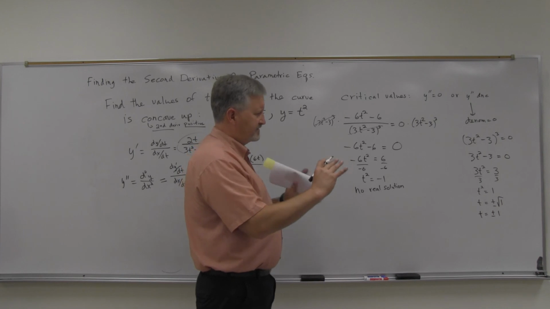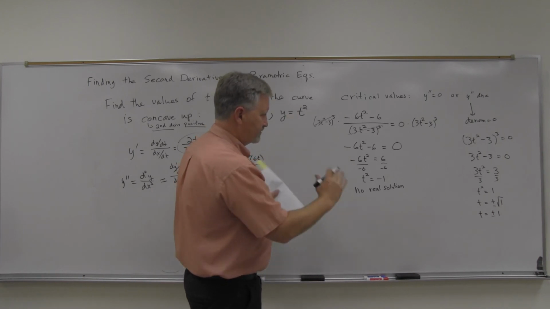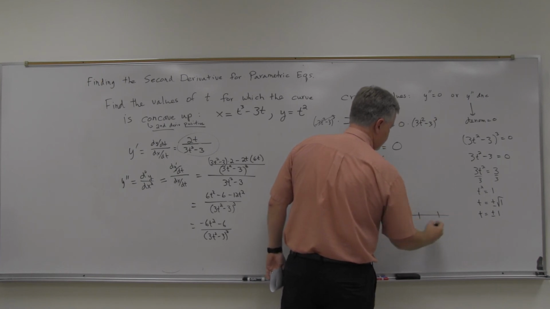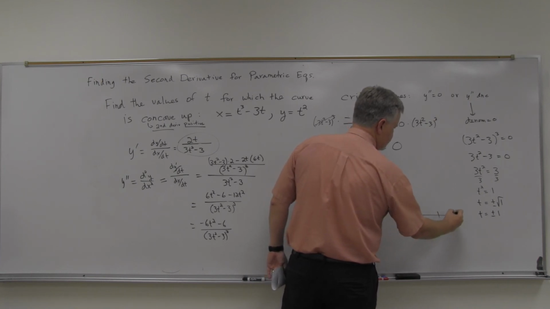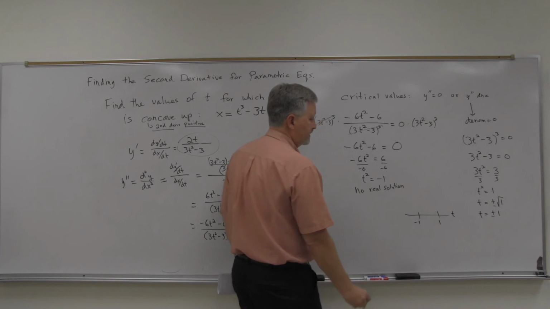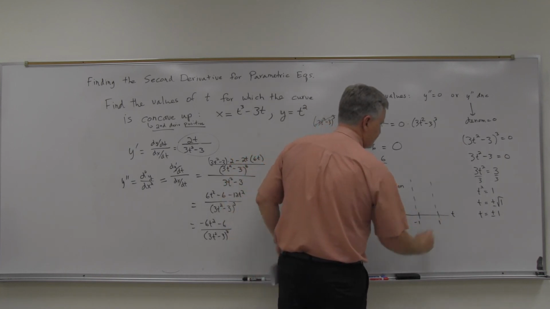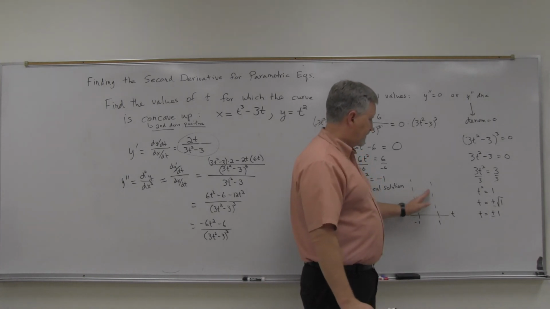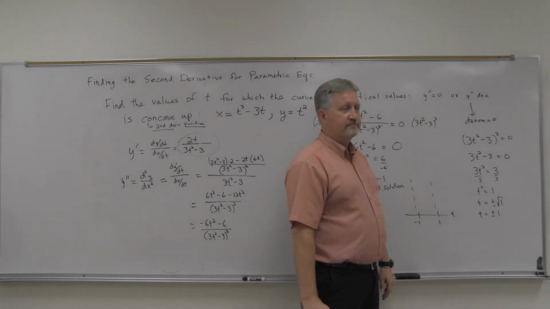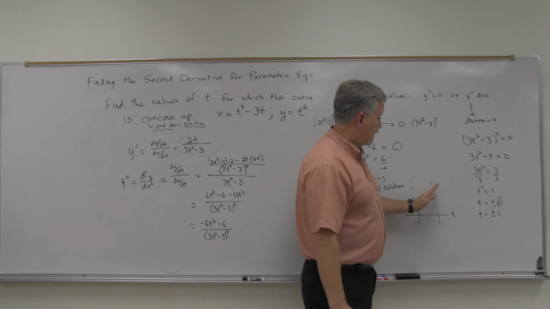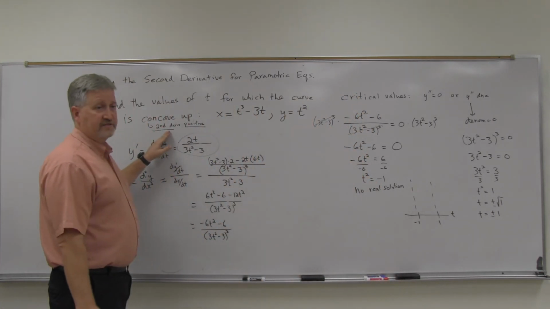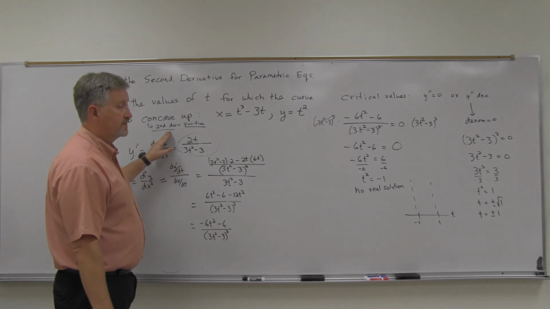So t is plus or minus the square root of 1, plus or minus 1. You're not really looking at the xy number line, but at the t number line. That sets up 3 different regions, and you check your second derivative values, whether they're positive or negative, because we're looking for concave up, which means the second derivative is positive.